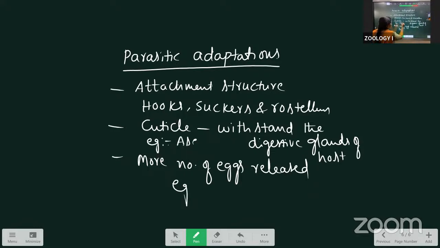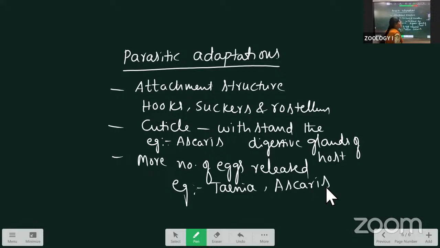In Ascaris, as we discussed before, the surrounding cuticle is present, and also in Fasciola. Next, the eggs, for example in Taenia solium and Ascaris.